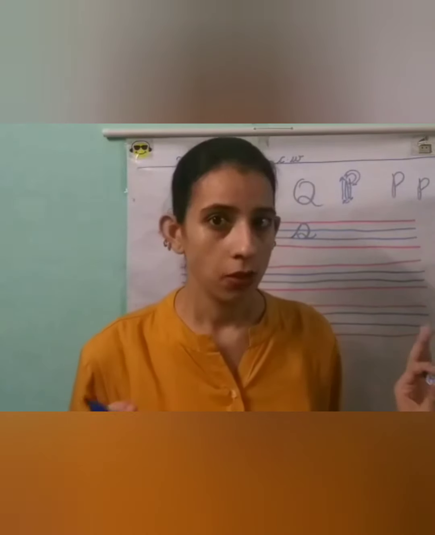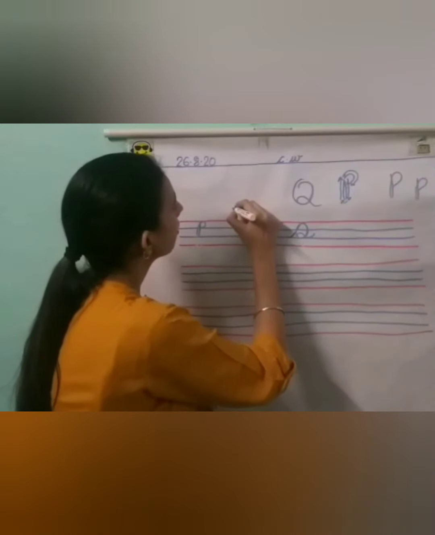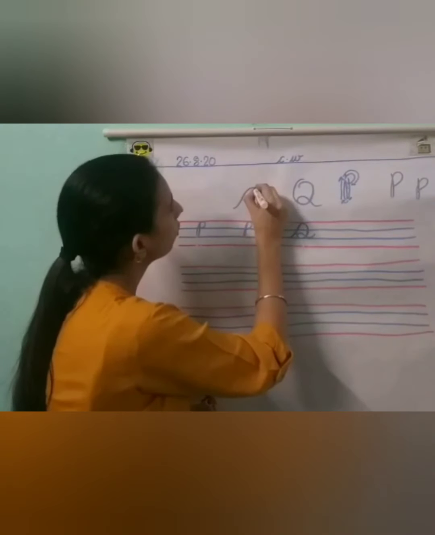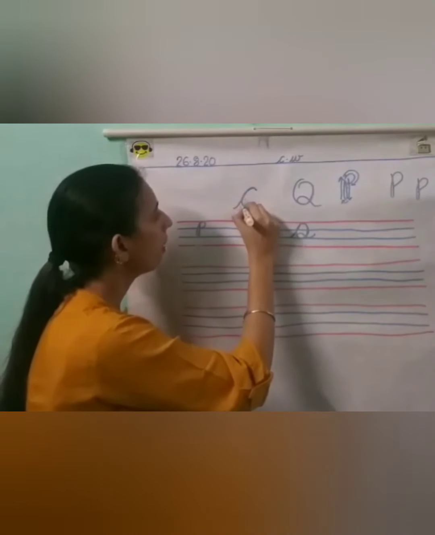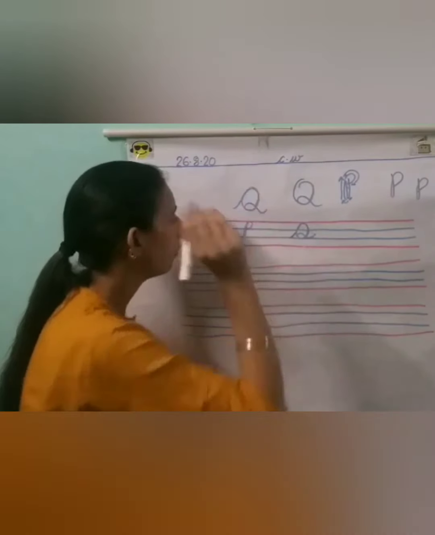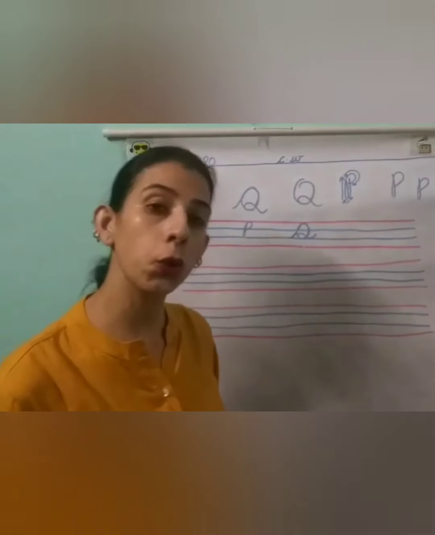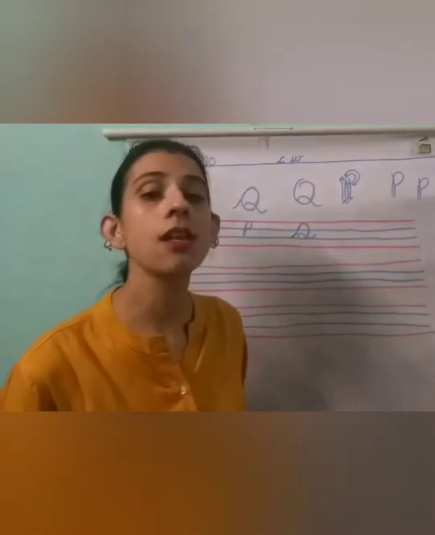Okay, one more time. I am making this one. So like this you have to go up, see, then come down, make a circle, come down on the same circle and make a tail. That is Q. So P says P and Q says Qu.